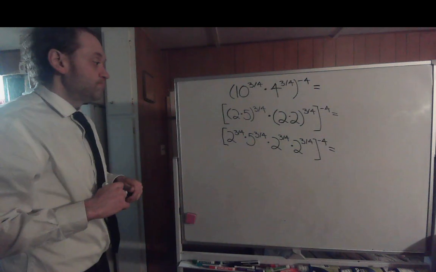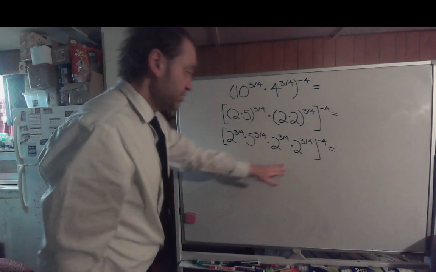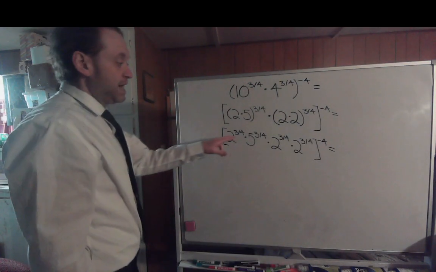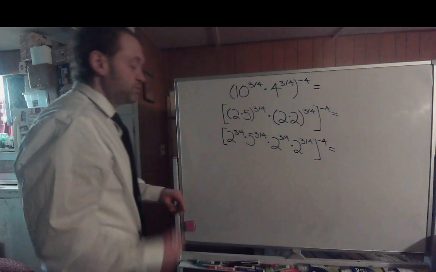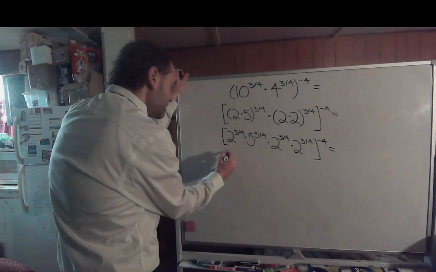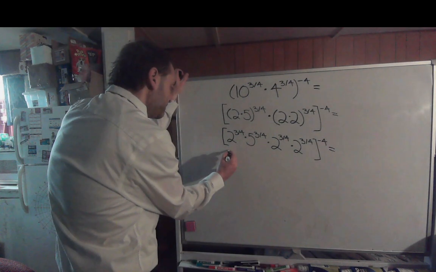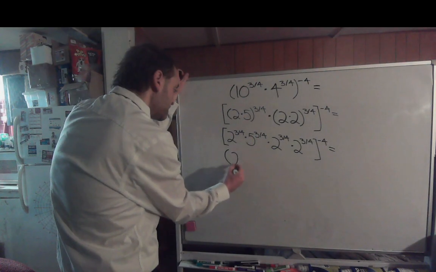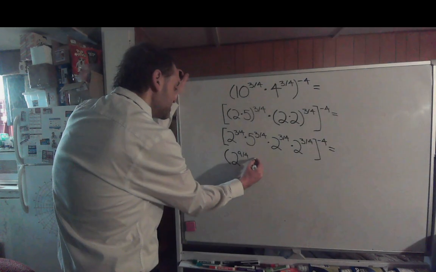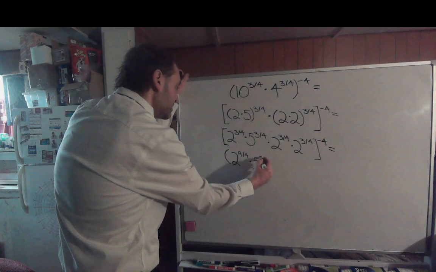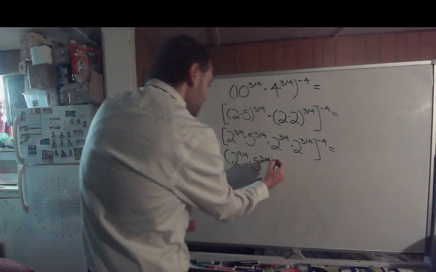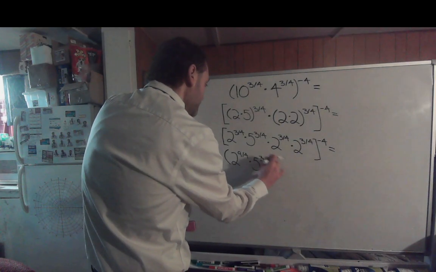Alright, so good news is we have 3 numbers that have the same base now. If you add 3/4 three times, you would end up getting 9/4. You would end up with 2 to the 9/4 times 5 to the 3/4, all that raised to the -4th power.